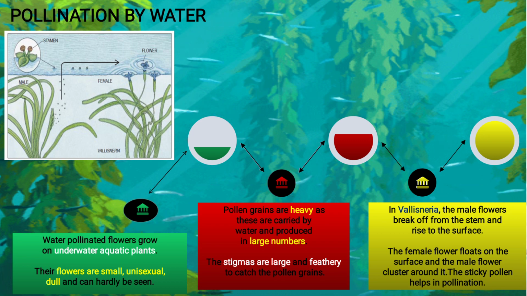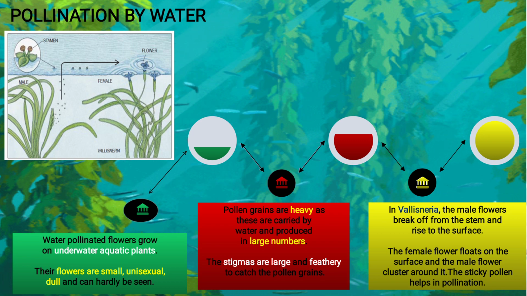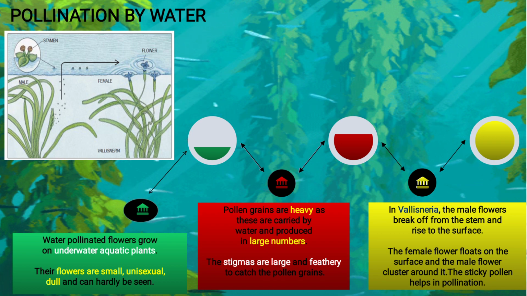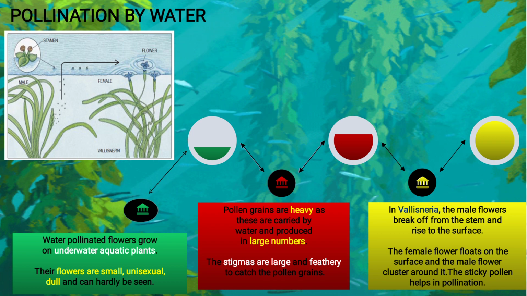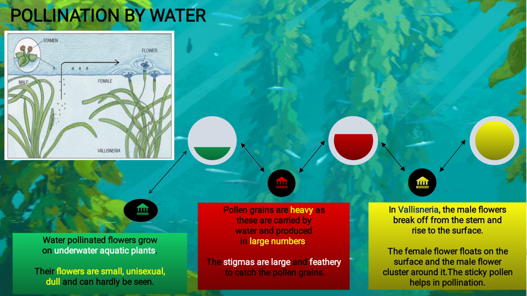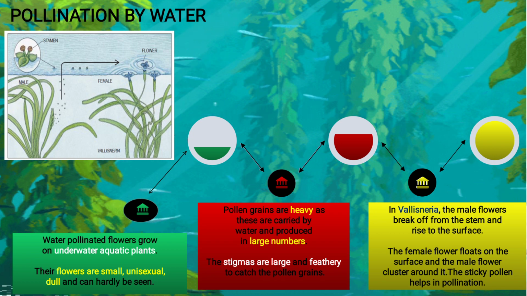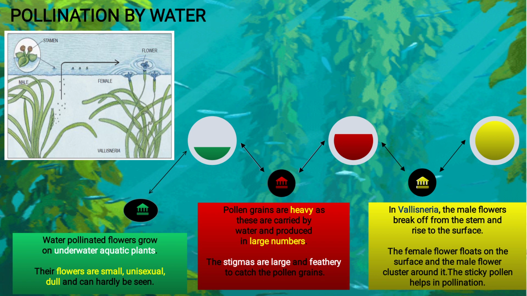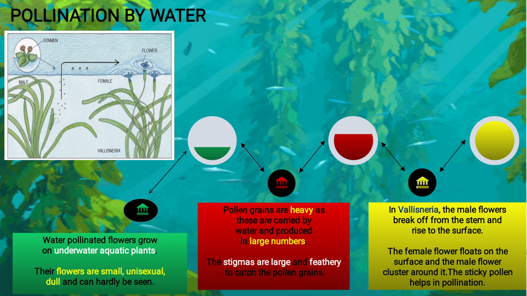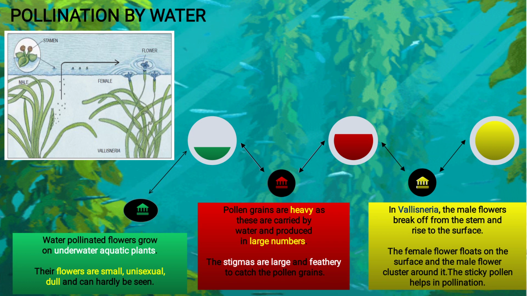Now you see it is stamen. The stamen will contain the pollen grains. This stamen will float and come near the female part. Now you see the female flower is above the water, and the female flower will float on the surface, and the male will cluster around it.